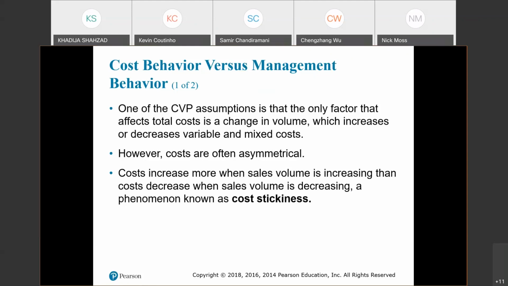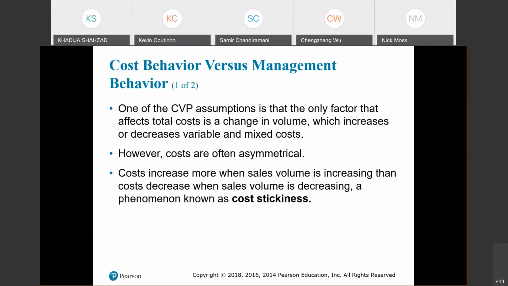Managers need to be aware that their decisions, such as laying off the workers, may cause cost to behave differently than expected based on their CVP analysis.